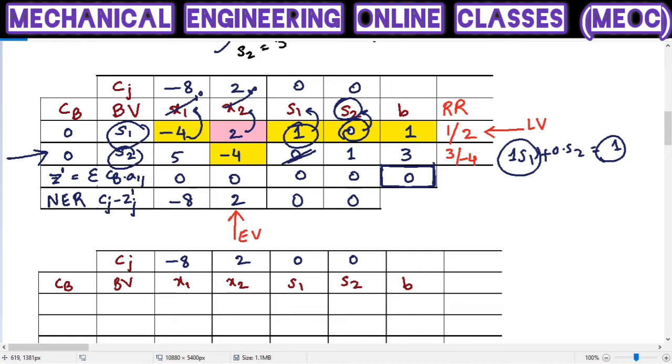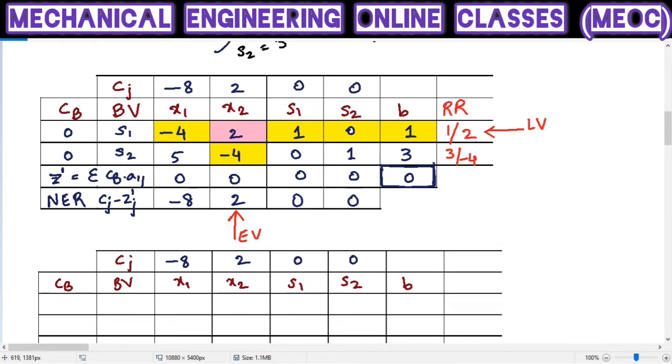Straight away you can read s2 as 3, and that became possible only because the basic variable set, here for example in the first table s1 s2, forms an identity matrix. s1 to s1 is 1, s1 to s2 is 0, similarly s2 to s1 is 0 and s2 to s2 is 1.